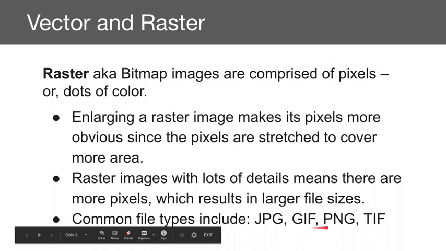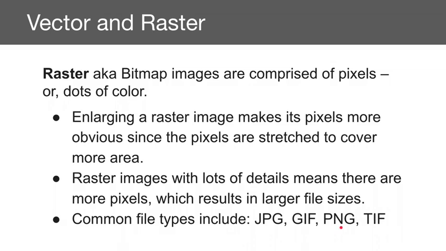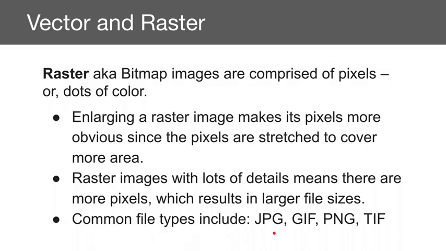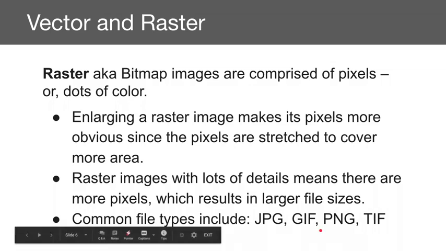Of course, the GIFs and the PNGs that we're familiar with are also very common raster images. They're a little bit on the lower quality side compared to a JPEG, so I don't use them that often, but they're very accessible.